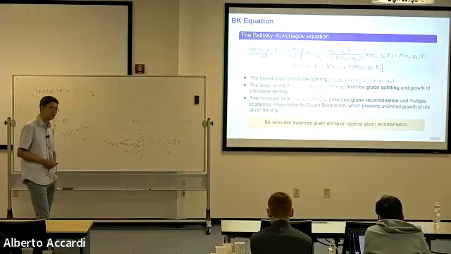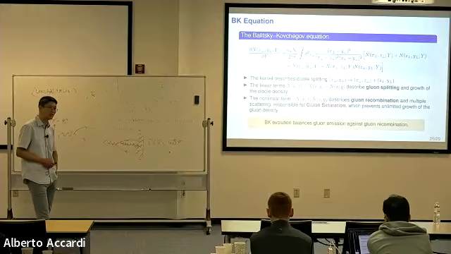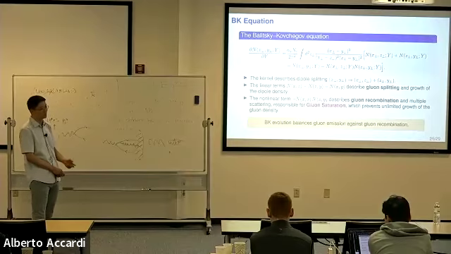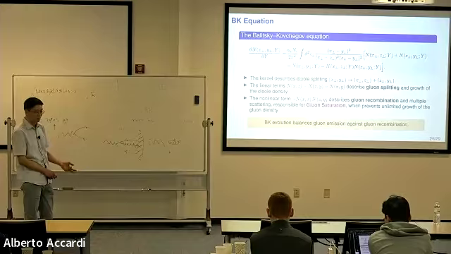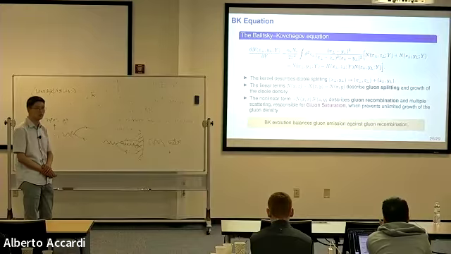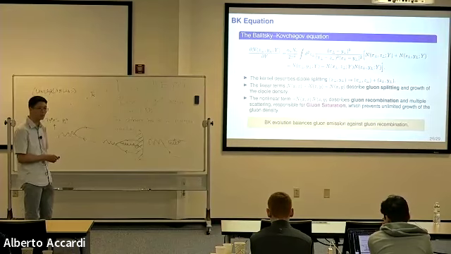Then there were efforts to have the so-called next-to-leading order correction, because at next-to-leading order you have the running of the coupling. Then there are some problems there, and people try to improve that. But currently, people use the next-to-leading order equation.